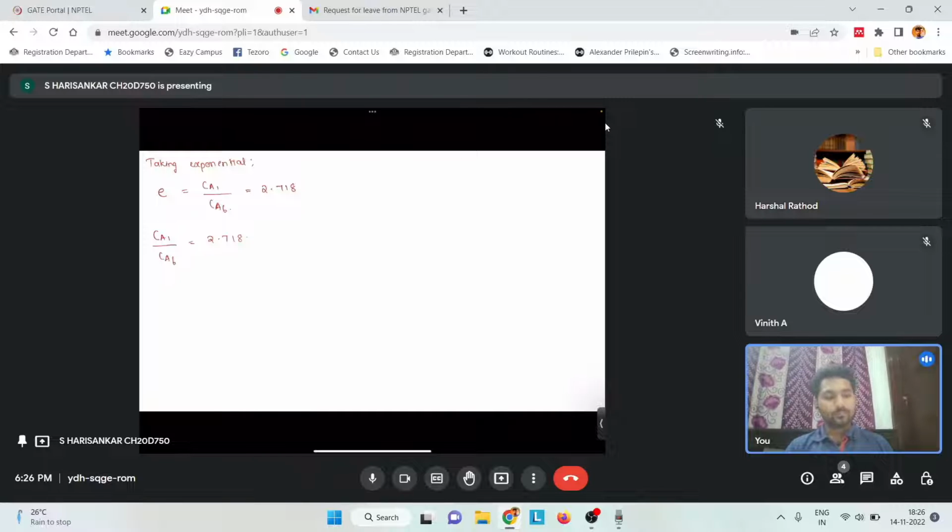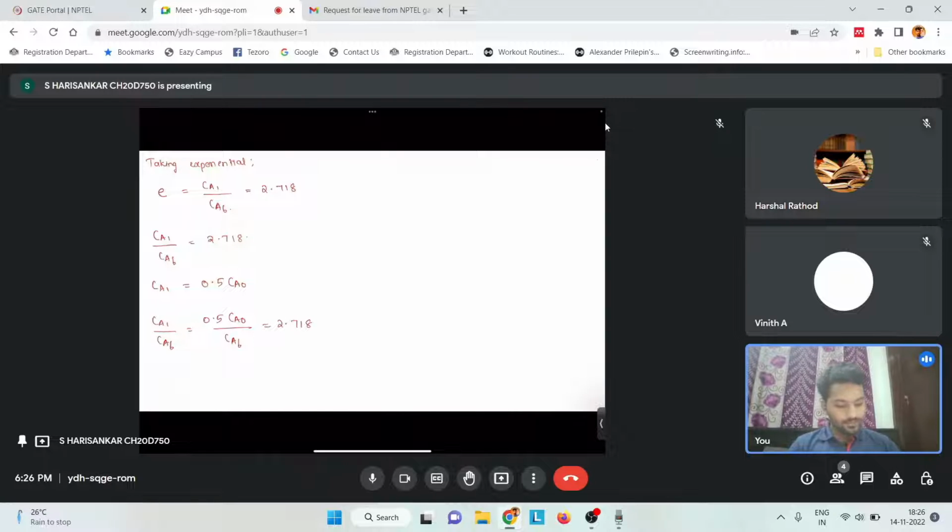Also, from the CSTR case, we established that CA1 is equal to 0.5 CA0. So using this, we can derive a relationship between CAF and CA0, because CA1 by CAF will be 0.5 CA0 by CAF, and that is equal to 2.718.